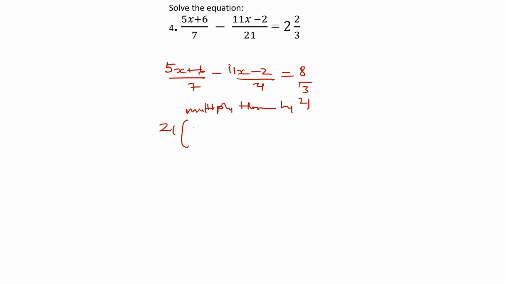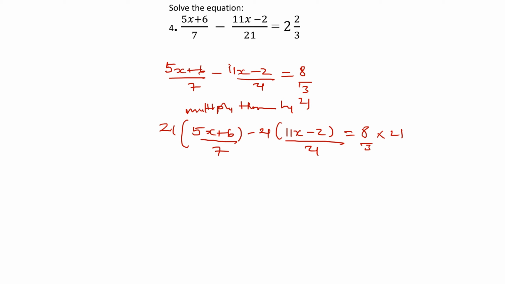Bracket means multiplication, of 5x plus 6, remember, over 7, minus 21 multiply, bracket means multiplication, 11x minus 2 all over 21 is equal to 8 over 3 multiplied by 21.